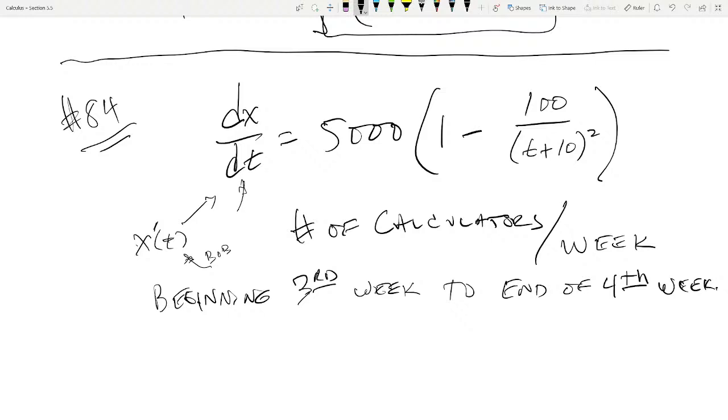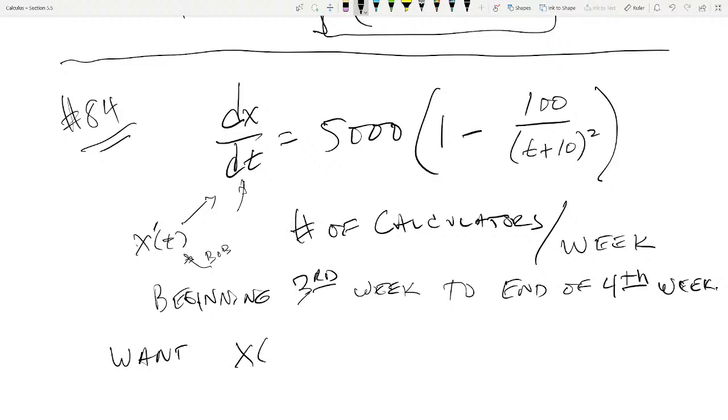In the wording of the problem, it says after t weeks. So this will be the number of calculators after 2 weeks, which is the beginning of the third week.